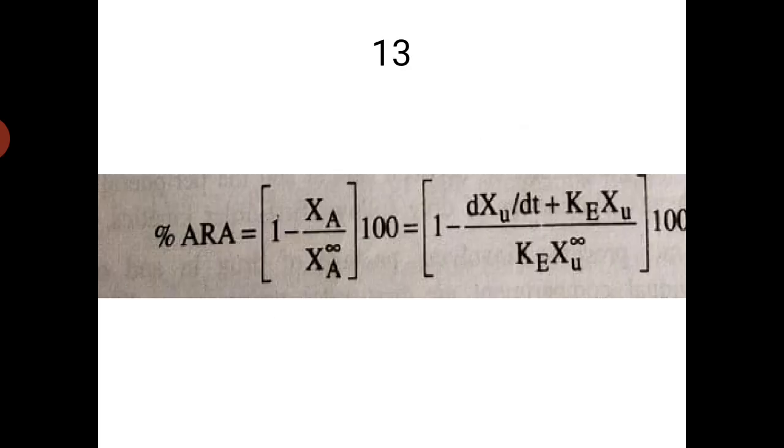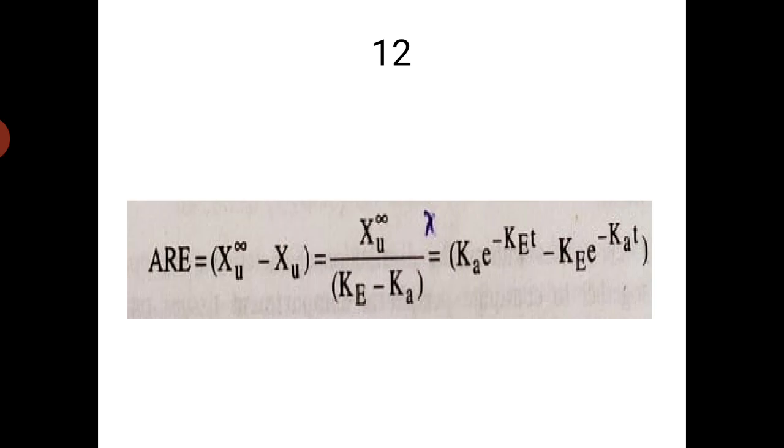Okay, so this way you can determine the elimination rate constant Ke from this equation. So now this equation shows you the amount of drug remaining to be excreted.